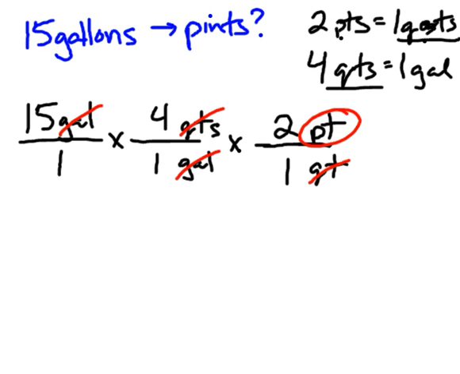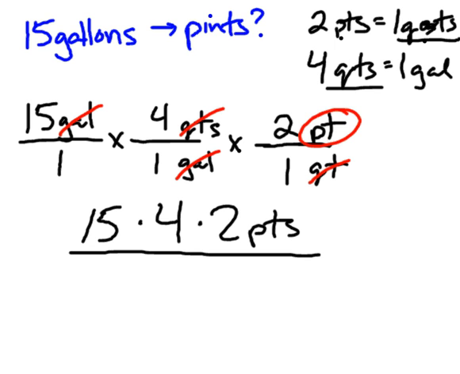So when I rewrite it, it should be 15 times 4 times 2 pints divided by 1 times 1 times 1. Okay? So when you solve your problem, you should end up with 120 pints.